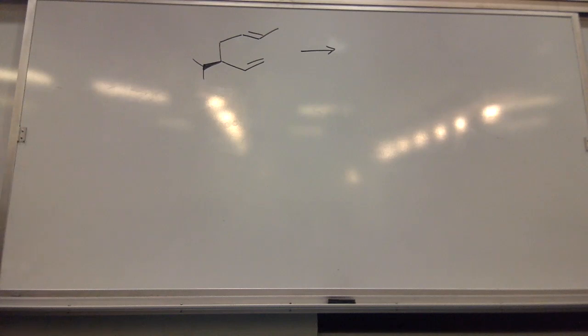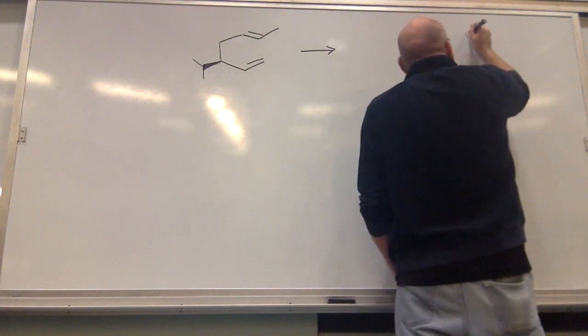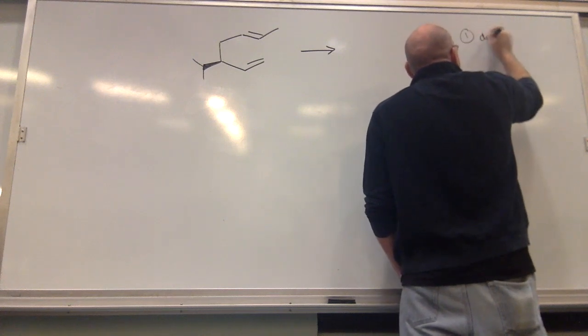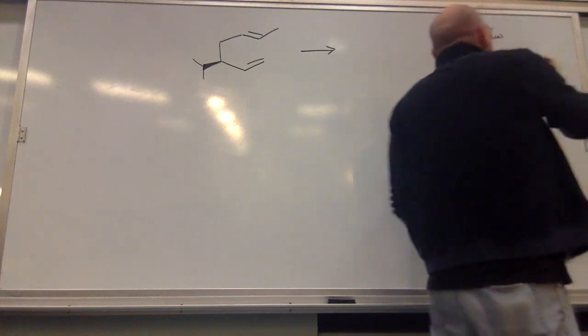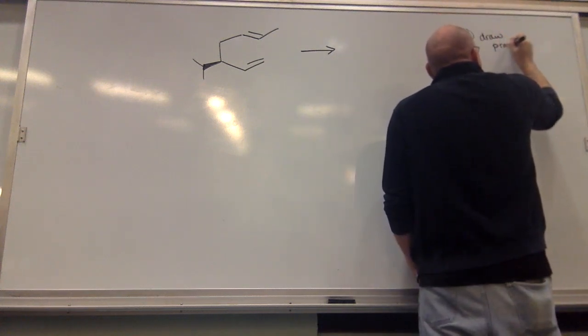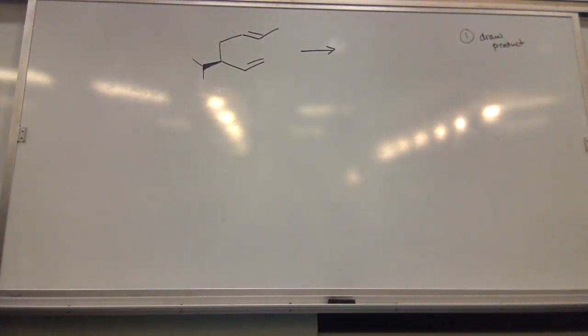So the first step is, what do we do in this question? If I wanted to break this down, maybe we'll do a similar thing. Part 1, maybe the first thing is draw the product without worrying necessarily about stereochemistry, just making sure that you have all your bond connections right.